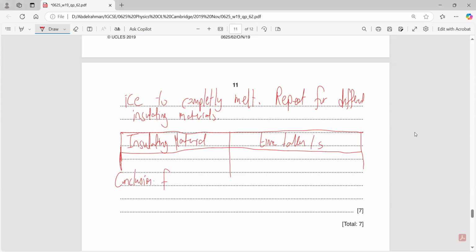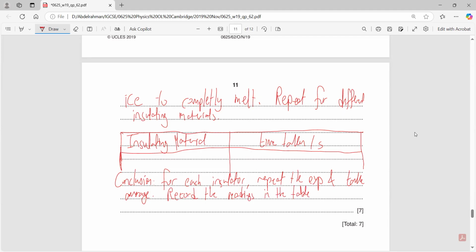Yes, for each insulator, repeat the experiment and take the average, and then record the readings in the table.